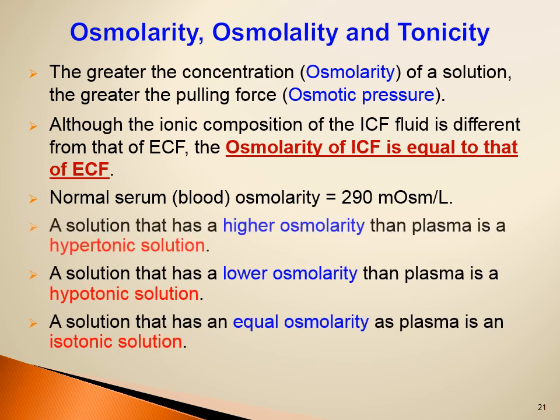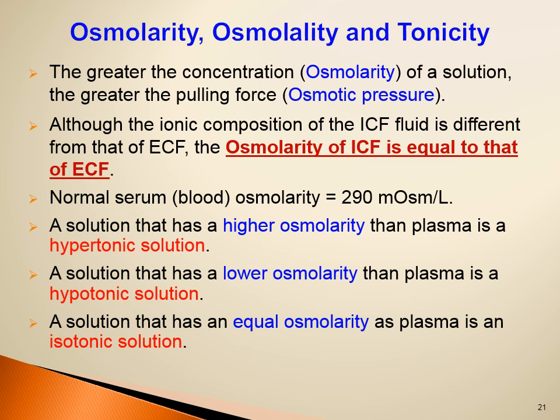A solution that has higher osmolarity than the plasma is called hypertonic solution. The osmolarity of the plasma is the reference osmolarity. So if we want to compare the osmolarity of any solution to the biological system, we compare it with that of the plasma.